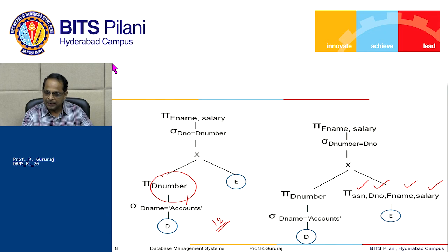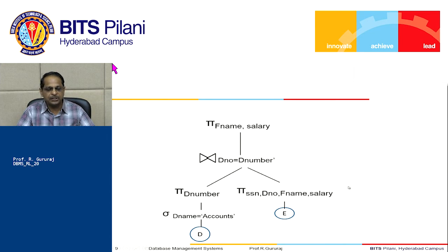If the employee table contains 20 to 30 attributes, I don't have to consider all of them while performing the subsequent join or Cartesian product operation. Hence, I will perform the projection operation on the employee table for these 4 attributes as early as possible. That means I am going to reduce the size of the relations I consider for the Cartesian product or the join operation.